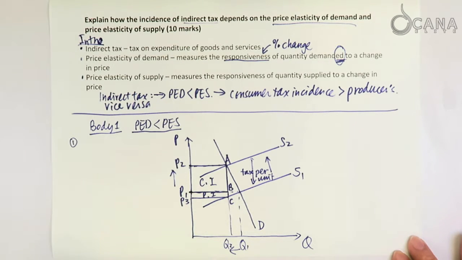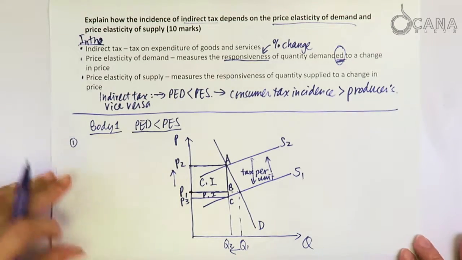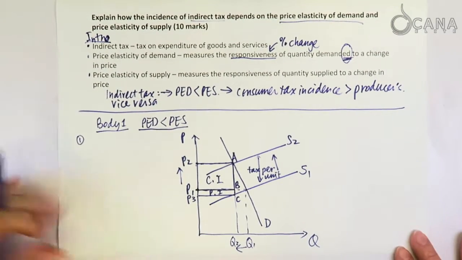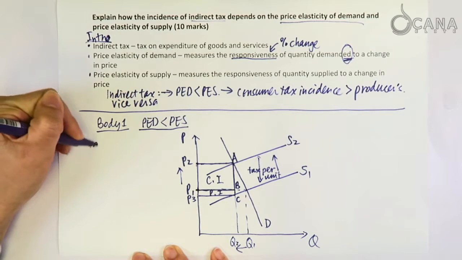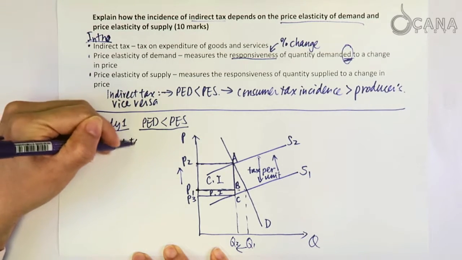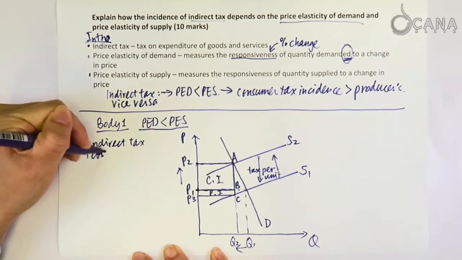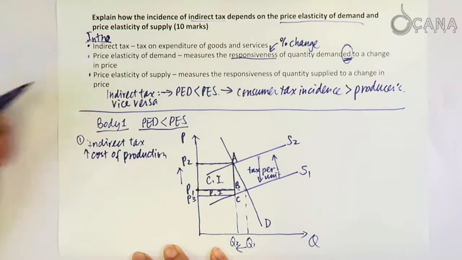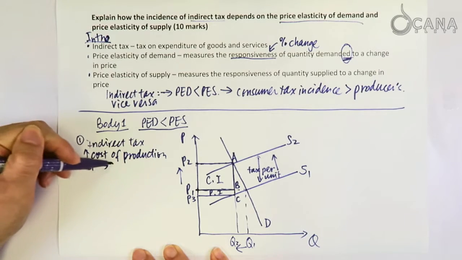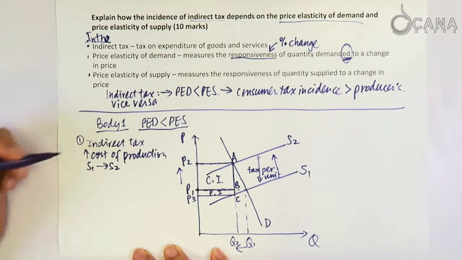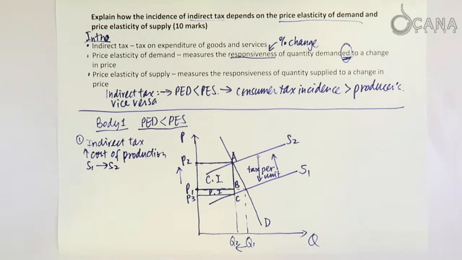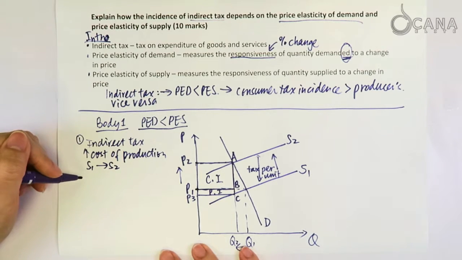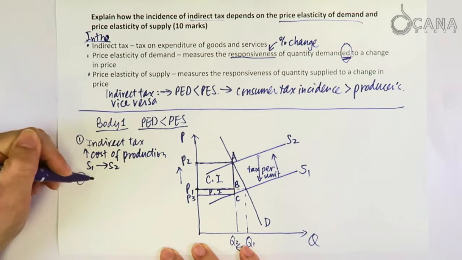Then let's put things in the context of doing the essay. So first of all, I would say that when indirect tax is imposed, indirect tax would cause a higher cost of production, and that would cause the supply curve to shift from S1 to S2. Okay, now we have set the tone of how indirect tax would impact the consumer and producer incidence.